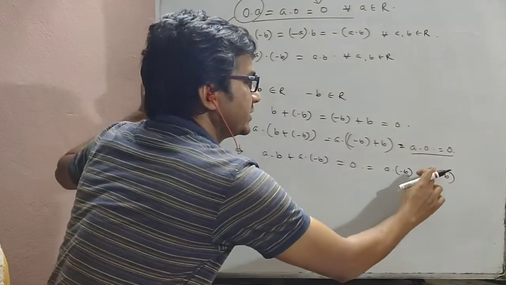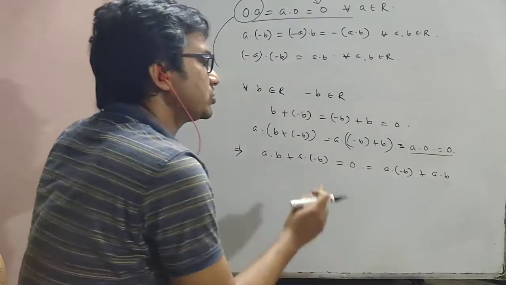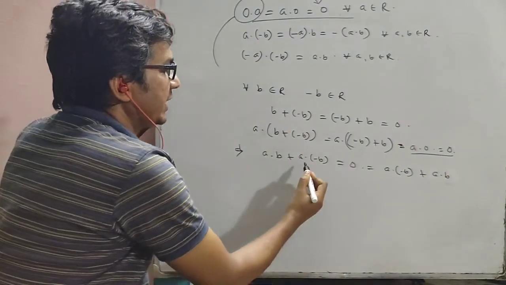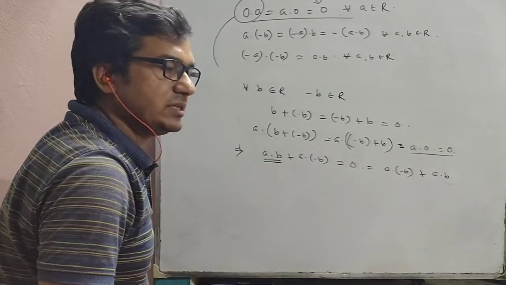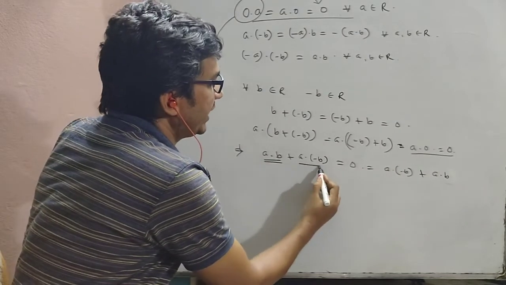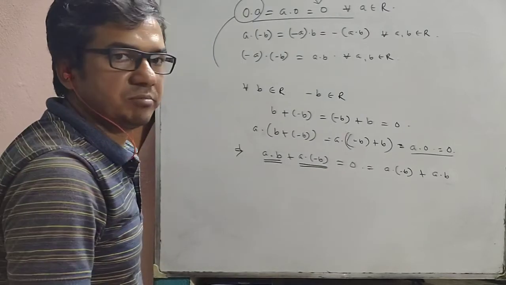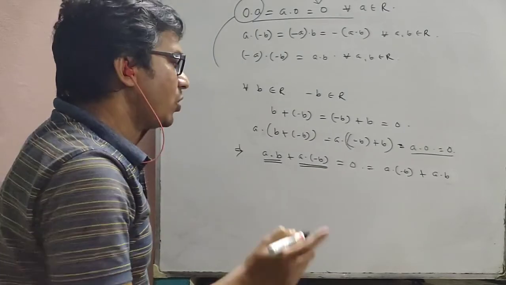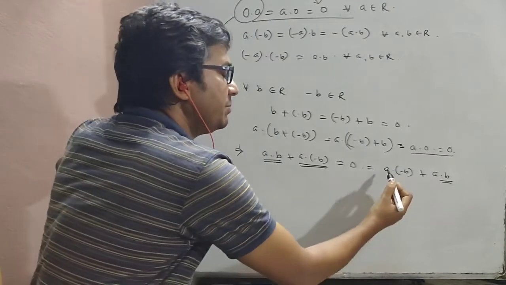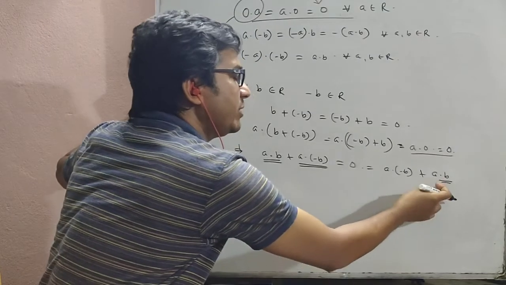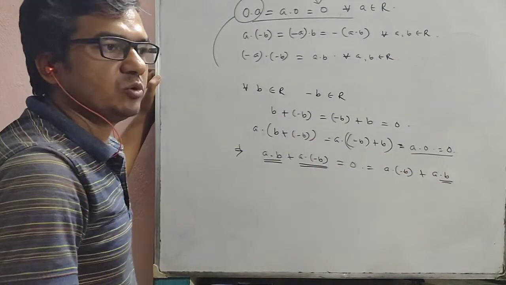So we can say a dot B is the left inverse of a dot minus B, or a dot B is the right inverse of a dot minus B with respect to plus.